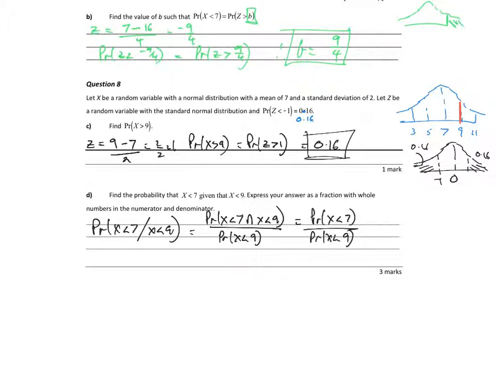So if we check our table, the probability of less than 7, well, that's just a half, isn't it? And we just said the probability that X is less than 9: well, if 0.16 is greater than 9, 0.84 is less than 9. So let's turn that into 0.50 over 0.84, which you can never leave as a decimal over a decimal. That's just the same as 50 on 84. And you could probably get away with that, but I would prefer 25 on 42. All right, just halve both of them, cancel out by a factor of 2.